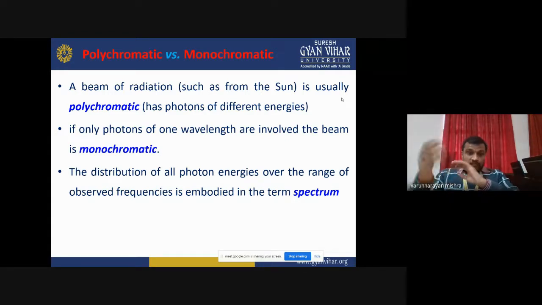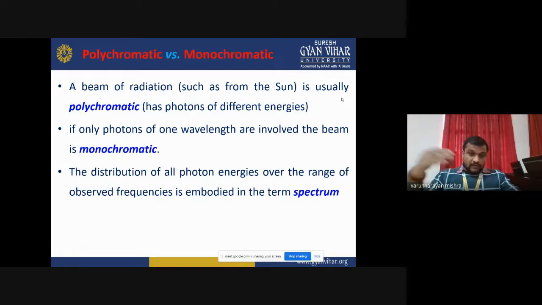And if the beam of radiation has different energy levels at different wavelengths, it is known as polychromatic. Electromagnetic radiation may be of two types, polychromatic or monochromatic. The distribution of all the photon energies over the range of the observed frequencies is embodied in the term spectrum.